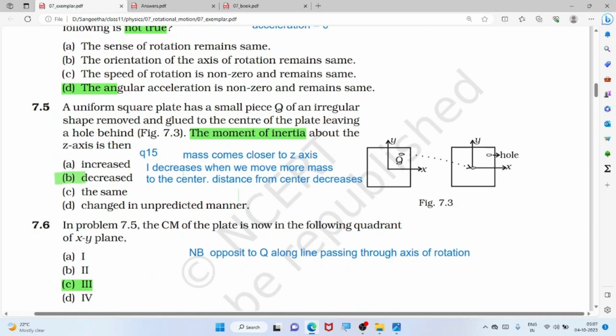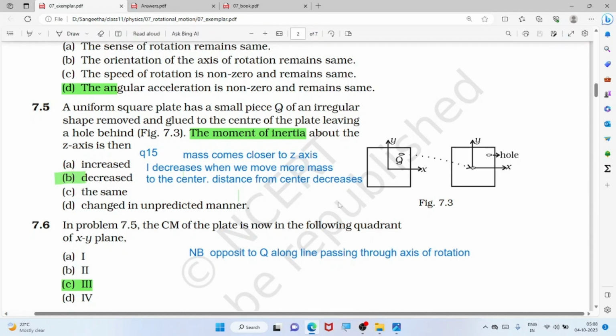A uniform square plate has a small piece Q of an irregular shape removed and glued at the center of the plate. This is removed and placed here at the center of the plate, as shown here. The moment of inertia about the z-axis is what they are asking.